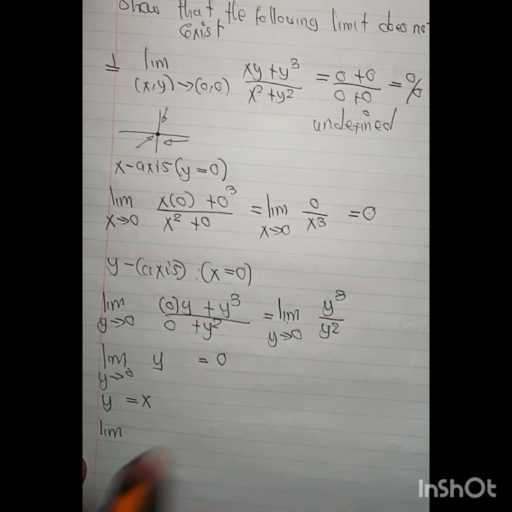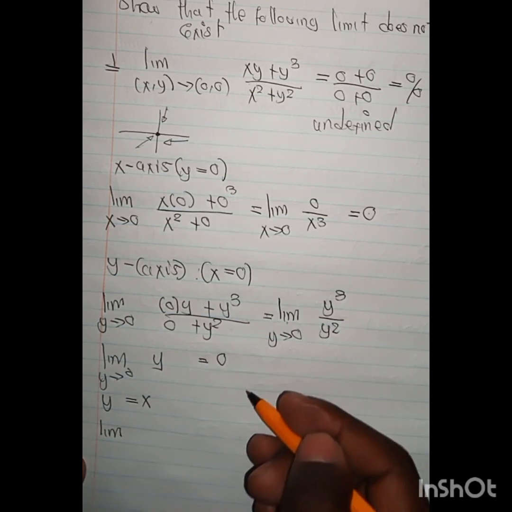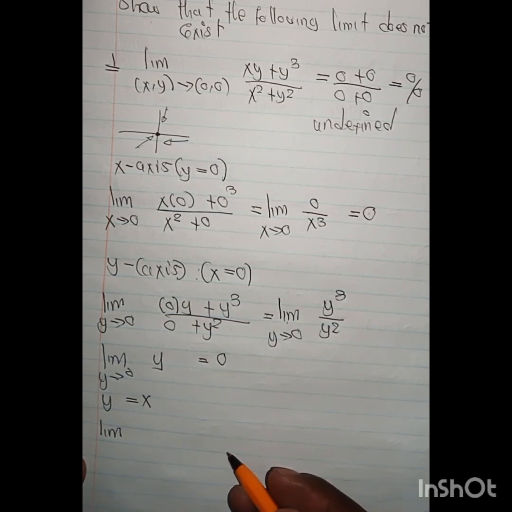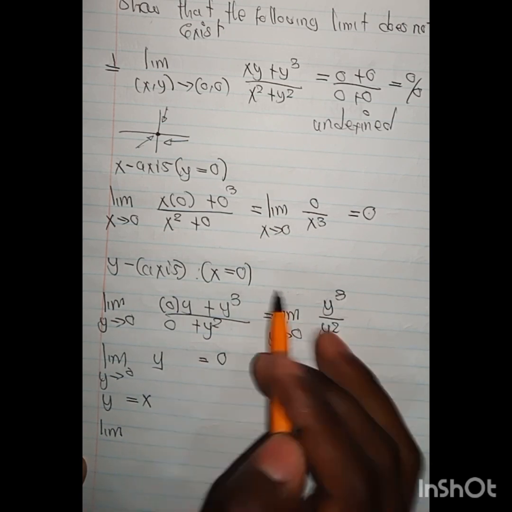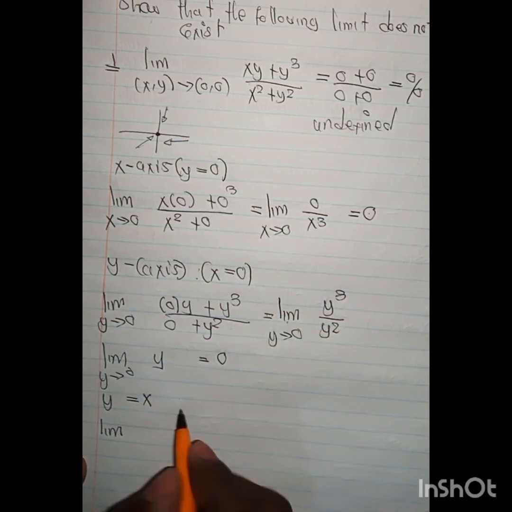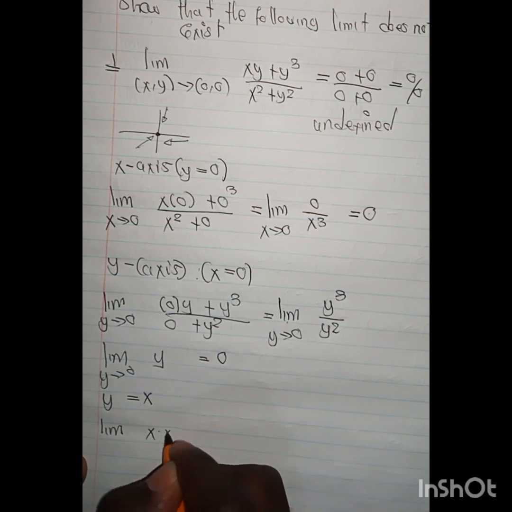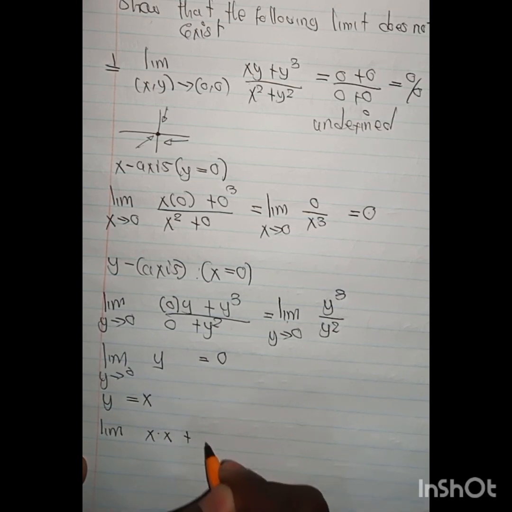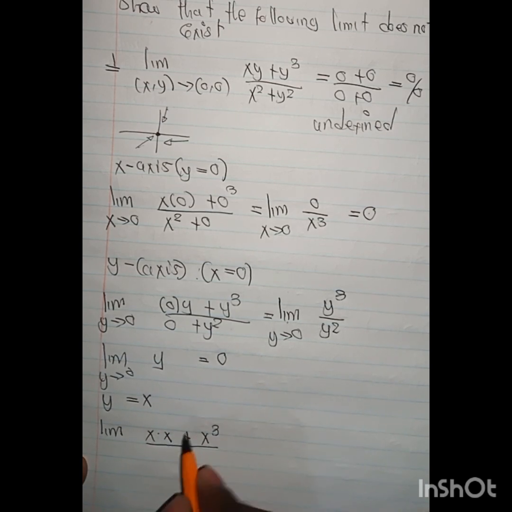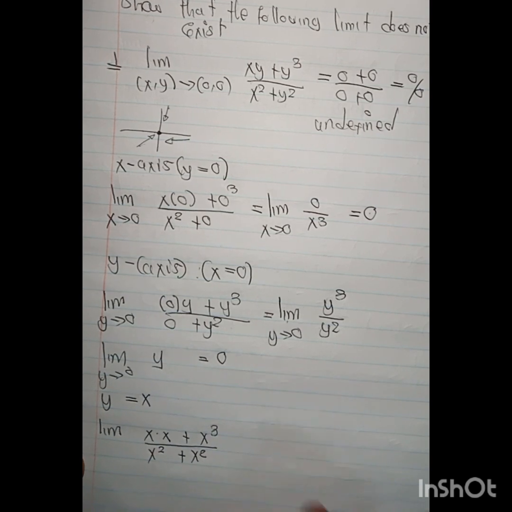Either we make x be y or y be x, but at this point let us make y be x. So if we make y be x, we have x times x plus x cubed, all over x squared plus x squared.